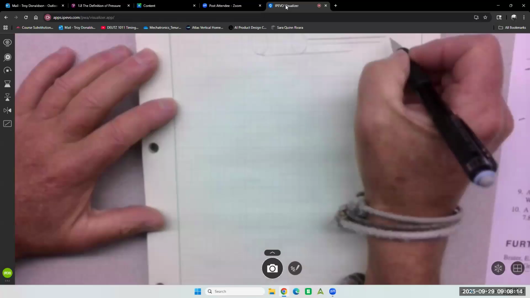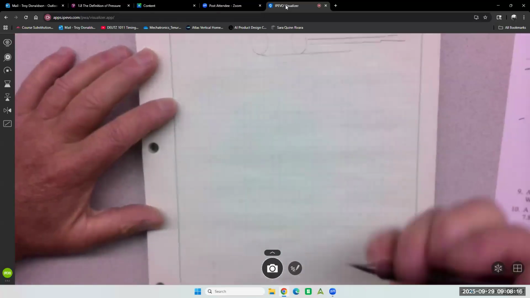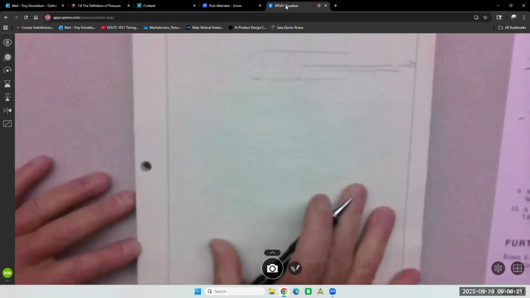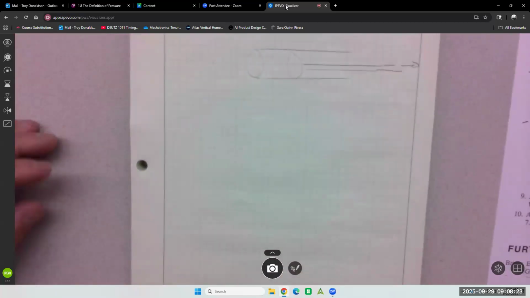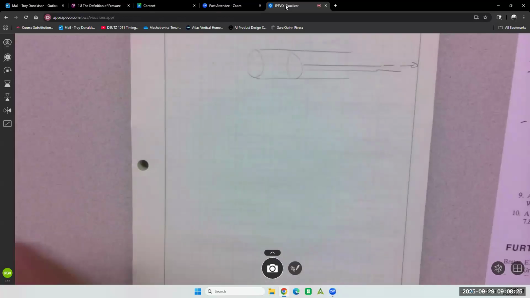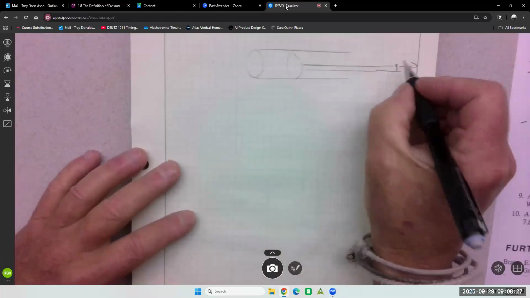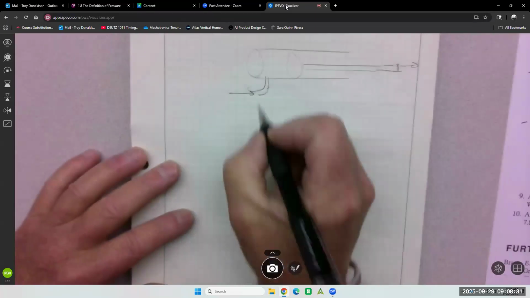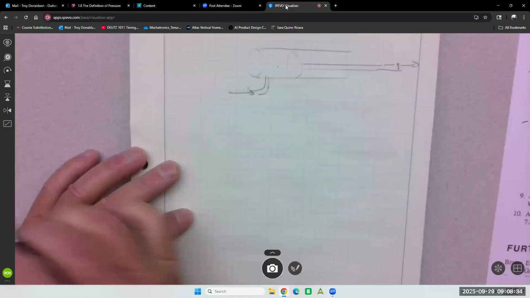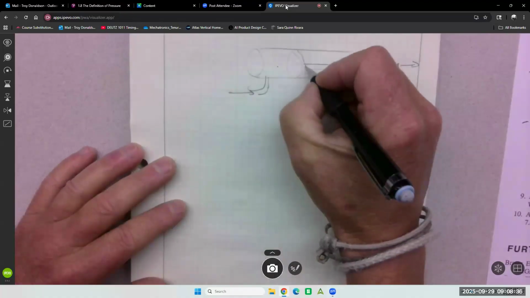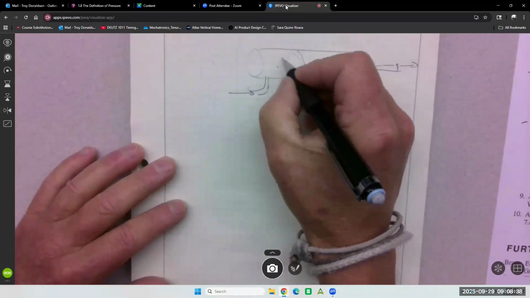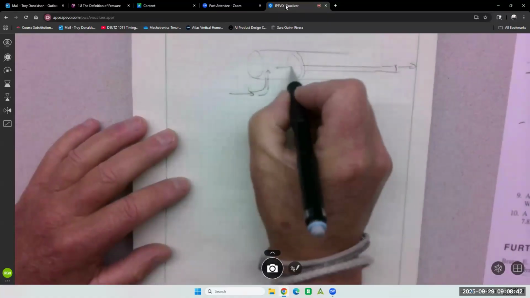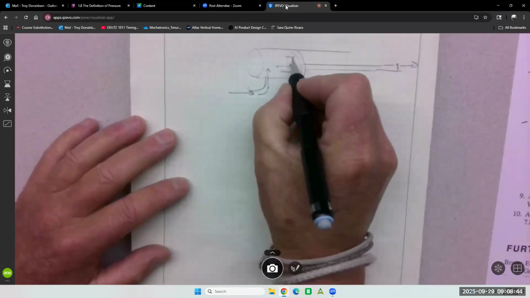Here's the rod that comes out, and it's going to push on something to create some kind of work. Then we have these ports that come in and we send fluid into this chamber. This is a closed chamber for now. So when we push fluid in, it pushes on this surface.